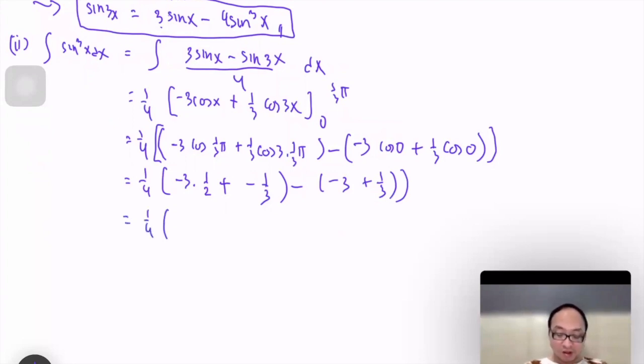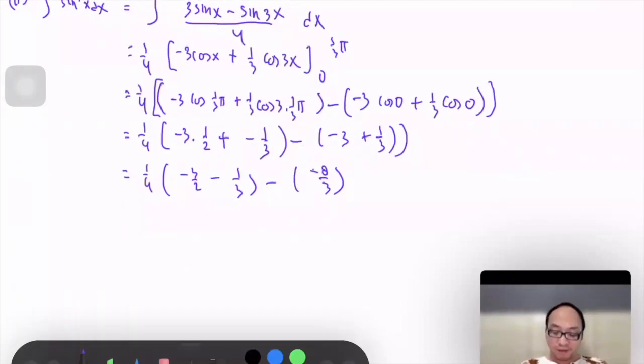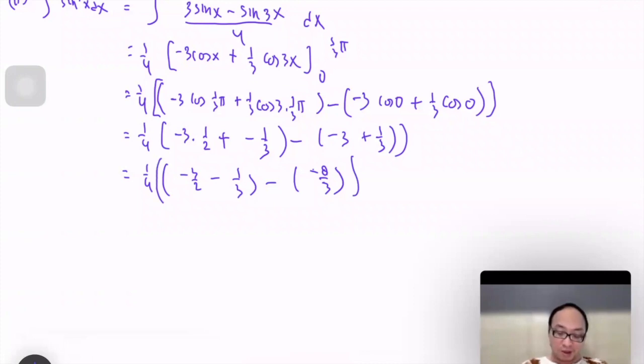So 1 over 4, negative 3 over 2, minus 1 over 3, minus 8 over 3. Yeah? Don't forget to put the bracket here.